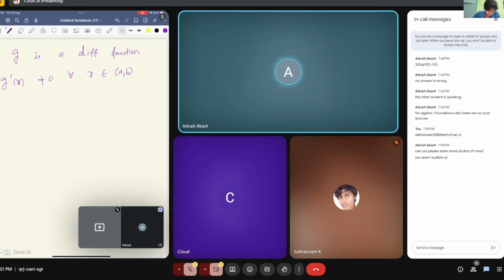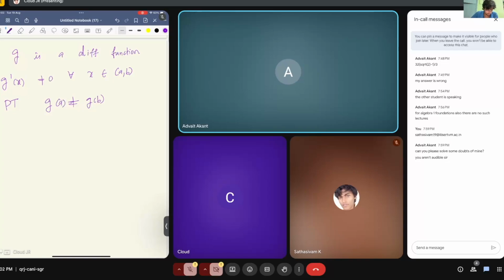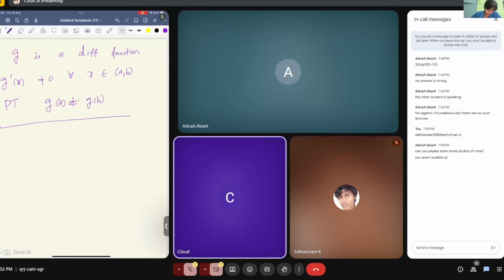We have to prove that g(a) should not equal g(b). I know you can prove it by Rolle's theorem, but I have another way of solving. g dash x is not zero means g dash x is either greater than zero or less than zero. Yeah, that is true. Let's write the proof.